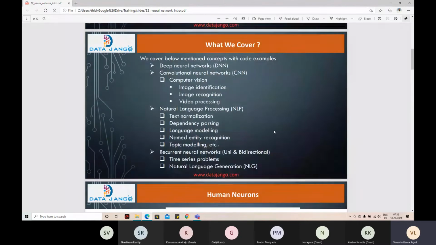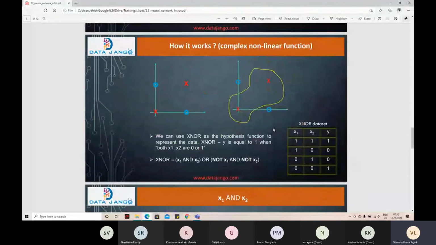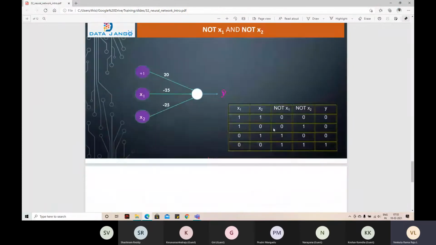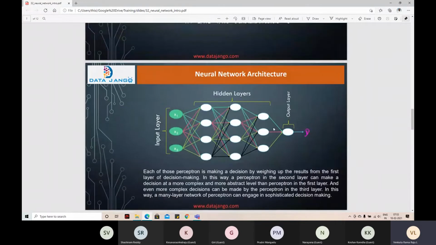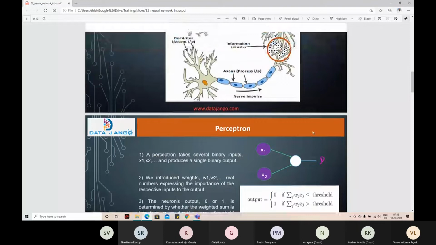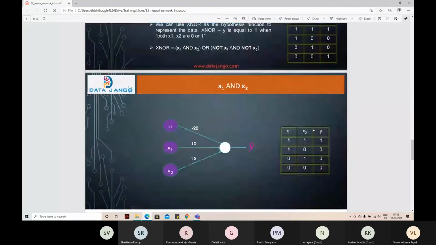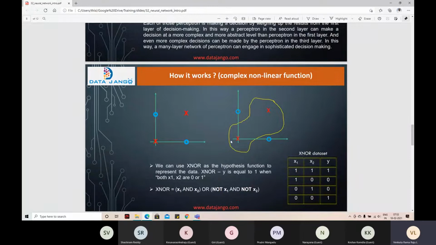Before we go there, why deep neural network? Why is machine learning not useful as soon as you get into high dimensional spaces? Suppose you have to do a decision boundary like this, and you have 50 features in your data set, x1, x2, and so on up to x50.